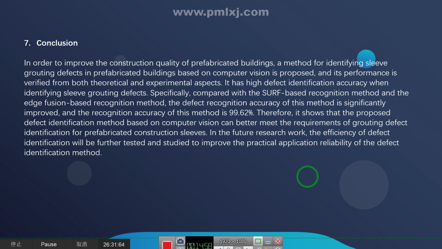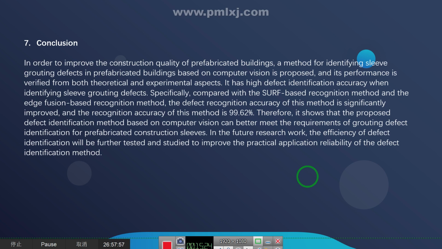It has high defect identification accuracy when identifying sleeve grouting defects, especially compared with the SURF-based recognition method and the edge function-based recognition method.